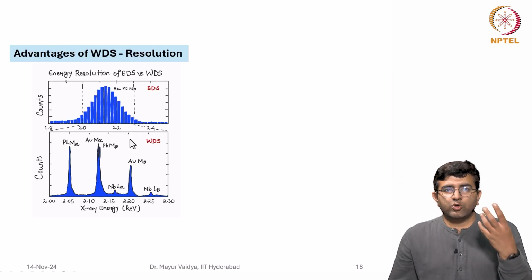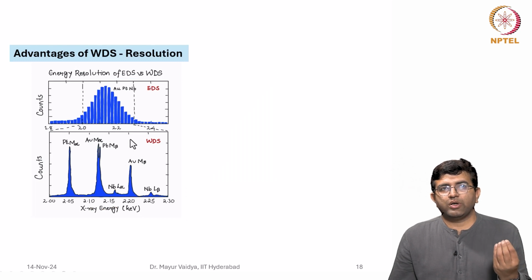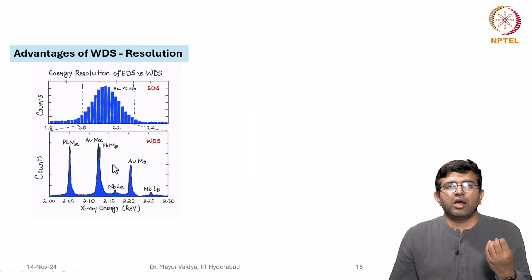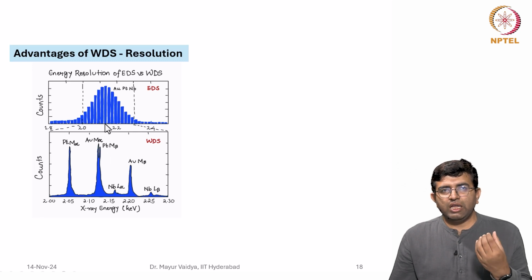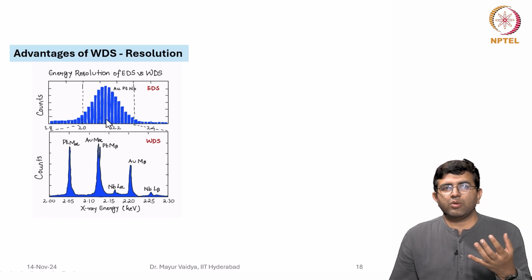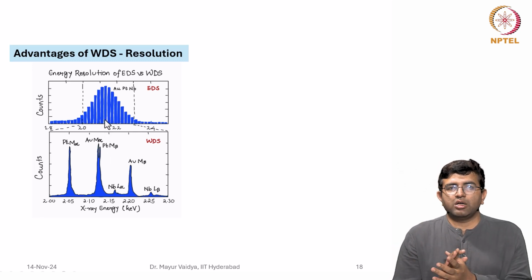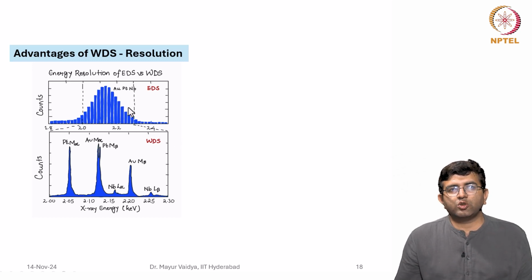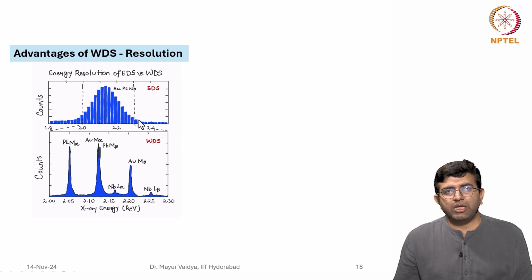So one most important advantage of the WDS is the resolution. In the case of EDS, there are certain elements which cannot be resolved very effectively. For example, here is a schematic of gold, platinum, niobium. When it is detected through EDS, it gives you one broad peak like this.